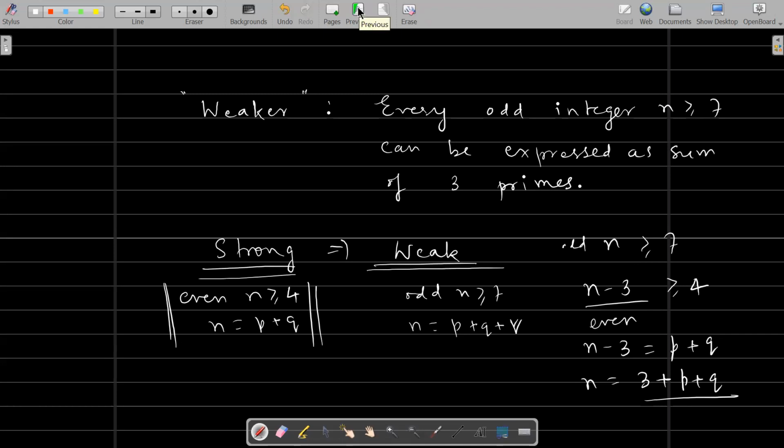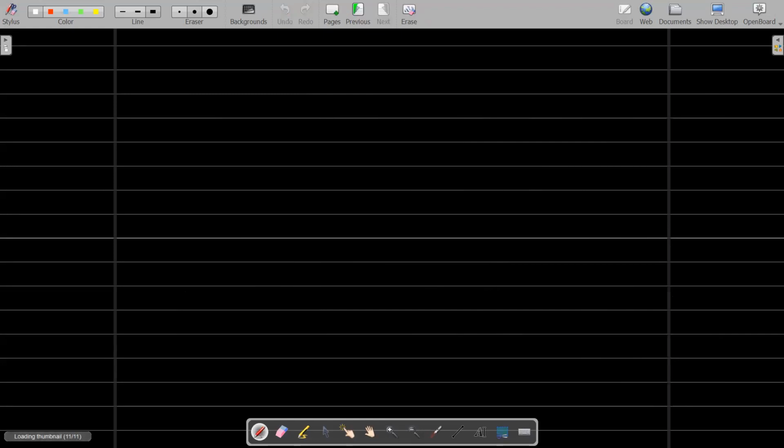Let me go to the next page and we'll do some examples. For example, 10 I can write as 3 plus 7. Or let's say 12, we can write as 5 plus 7. 14 we can write as 7 plus 7 or 11 plus 3.